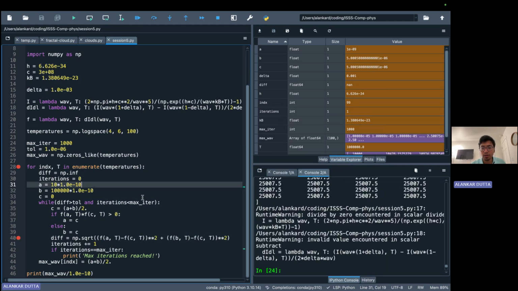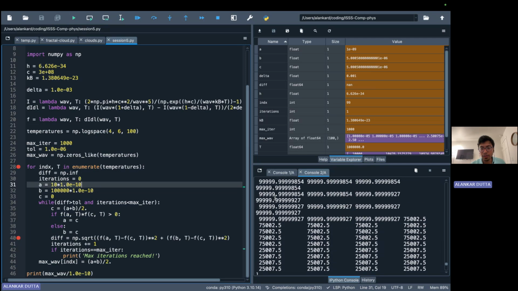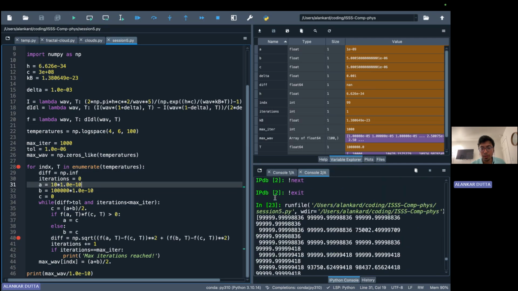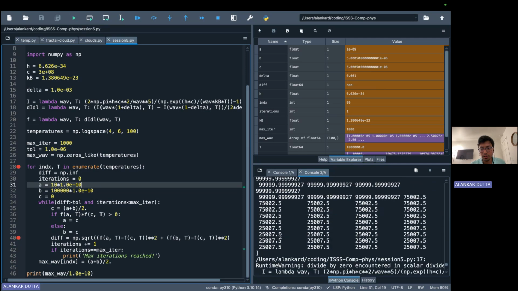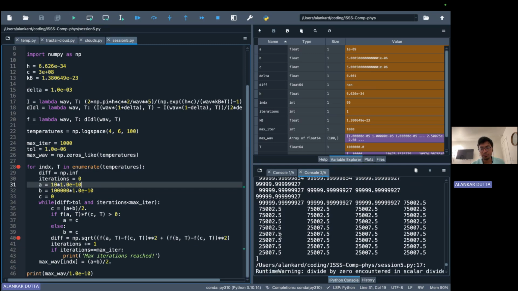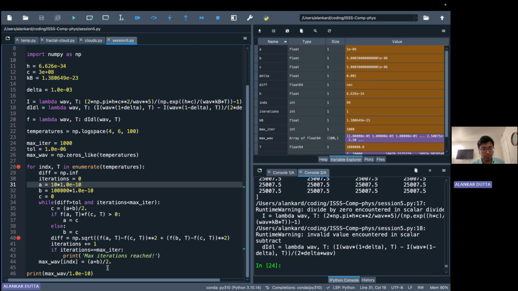And now let's try to run this. And you see, we get a bunch of like 1,000 different values for the lambda and the temperature, the maximum wavelength. So here we can now use a plot to see what the maximum wavelength is for a temperature. And we can also do this for one particular temperature.